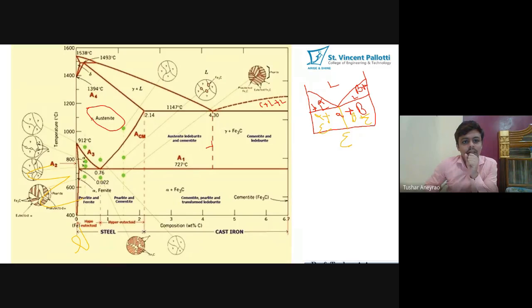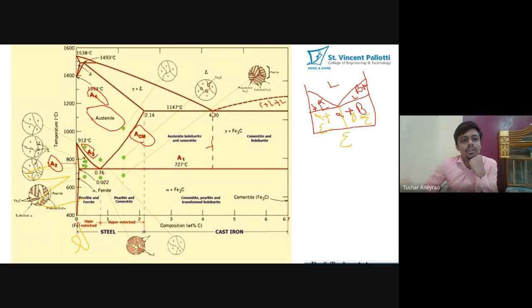Now what are the other things that we have to consider? These lines are named with some points. You can see here A2, A3, ACM and A4 are given. So these are nothing but the transformation lines. Means up to A4 the austenite was not present, and up to A4 only delta ferrite was present.